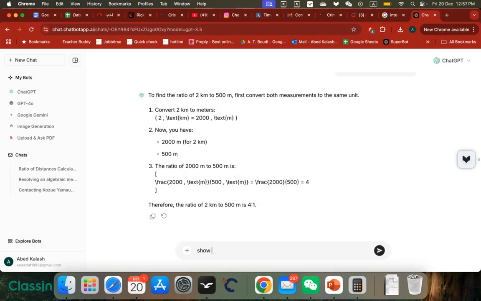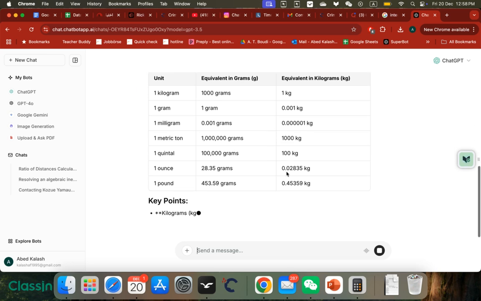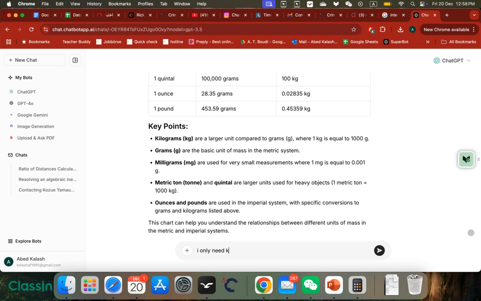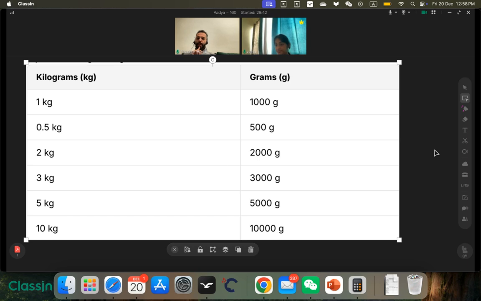Let me show you the comparison chart. Look, 1 kg is equals to 1,000 grams. 0.5 kg is equals to 500 grams. 2 kg is equals to 2,000 grams. 3 kg is equals to 3,000 grams. 5 kg, 5,000 grams. 10 kg, 10,000 grams.